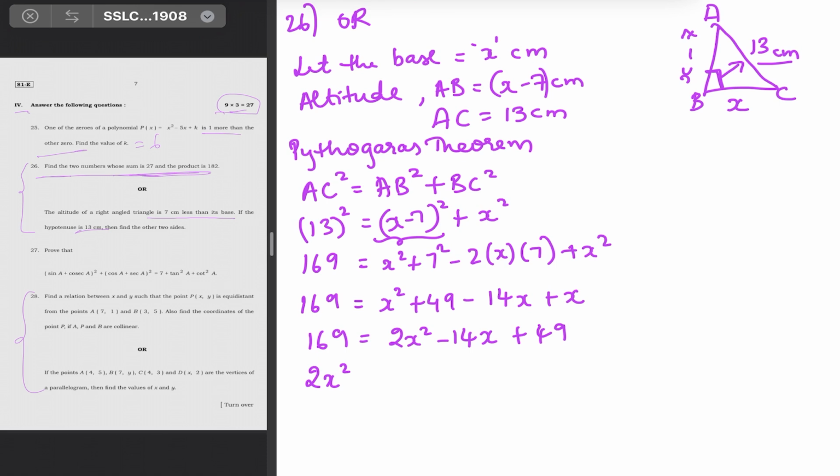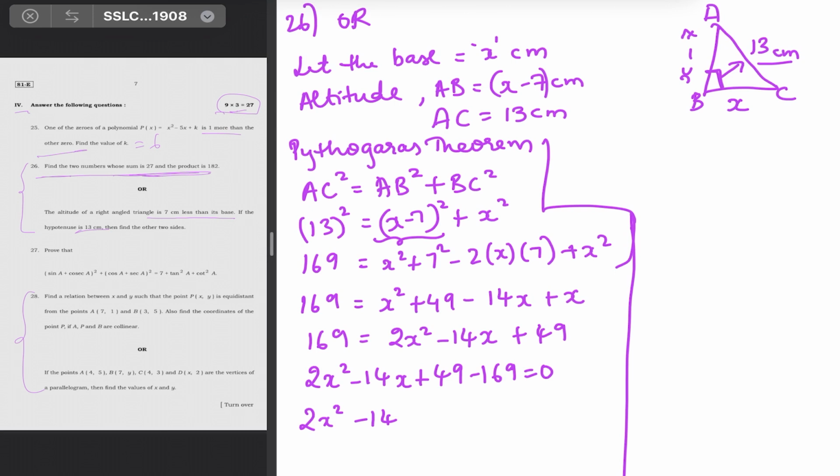Bringing it to the standard form, we can write it as 2x square minus 14x plus 49 minus 169 is equal to 0. On simplifying, we get minus 120 equal to 0. Dividing the whole equation by 2, we get x square minus 7x minus 60 is equal to 0.